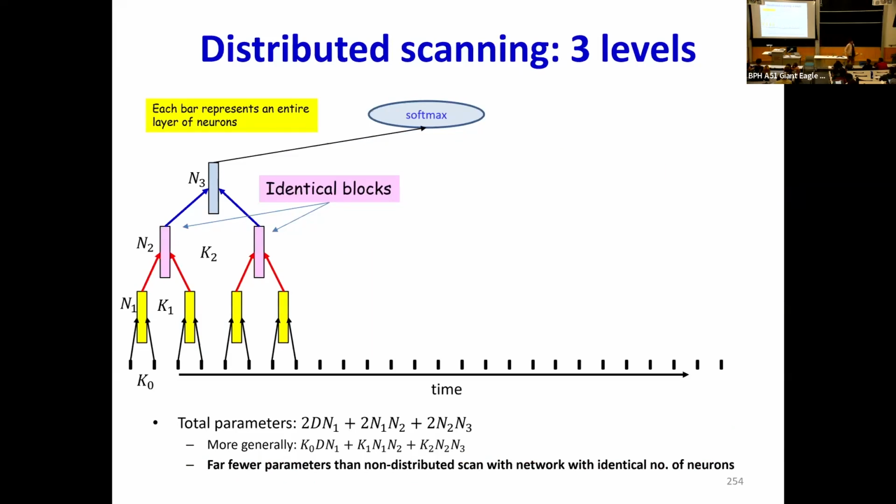I have one layer of neurons, which is 2 blocks, with a window of size 2, scanning the input at the first layer. And then I have a second layer of neurons, which also has a width of size 2, scanning the outputs of the first layer neurons. And then this third layer is looking at a window of size 2 from the second layer neurons.